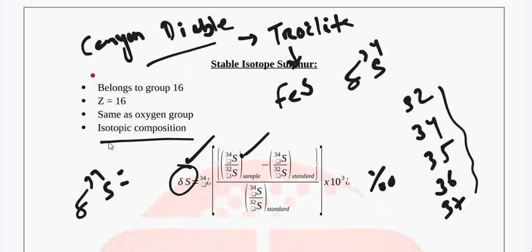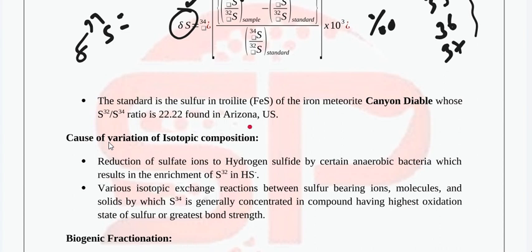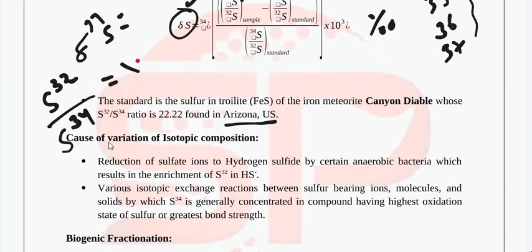So the standard is troilite, the S32 by S34 value in FeS, troilite in the Canyon Diablo meteorite, found in Arizona. Mark this: S32 by 34 is 22.22 in this meteorite.